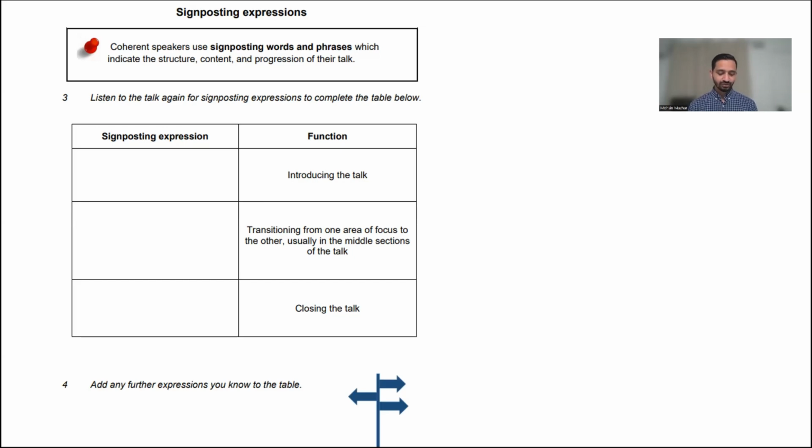Moving on to the format of Part 4 now, you'll see that as with all parts of the listening test, you have 10 questions to answer. These questions could be all of the same type, for example, 10 note completion questions, or you could get a combination of question types.